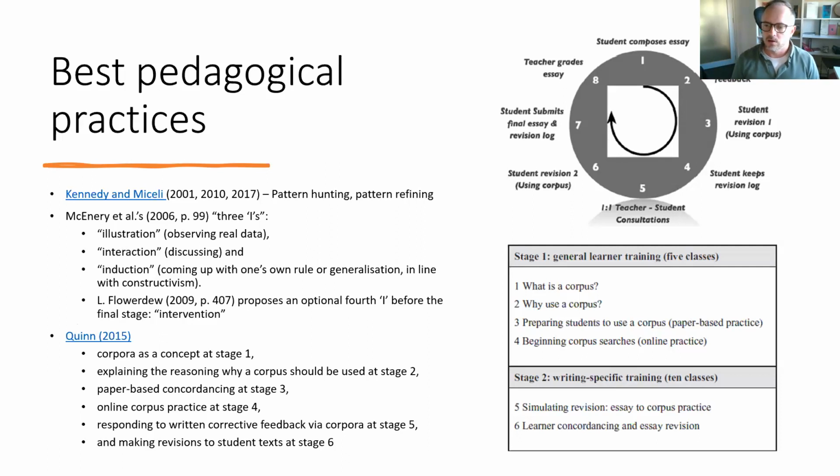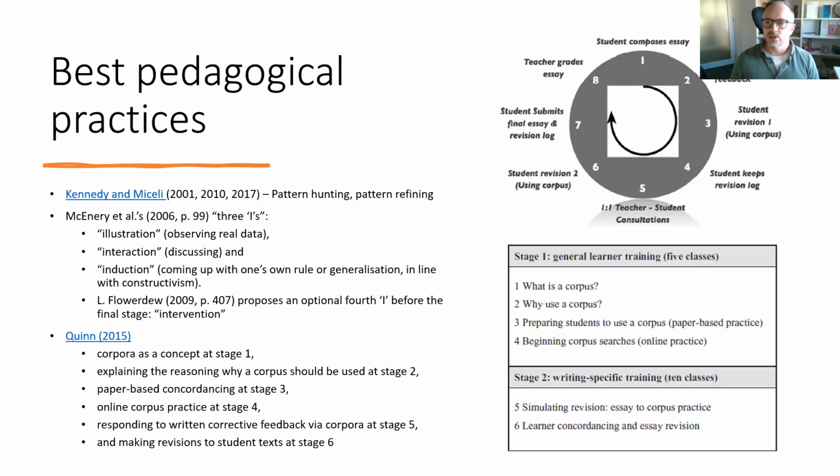I've done quite a lot of research in this area in terms of what feedback is best for promoting data-driven learning and how students use corpora to make revisions in their writing on the basis of written corrective feedback with relatively little training overall.